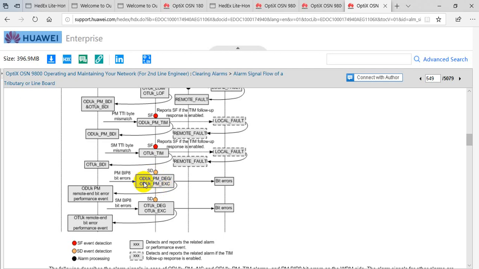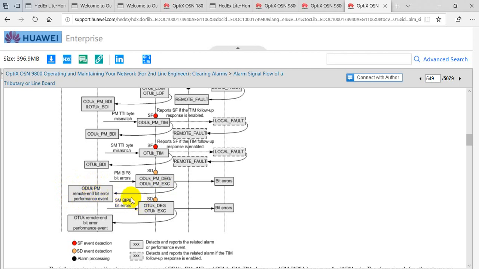And once I get the degrade, then as per the OTN alarm flow, the ODU PM remote bit error performance event is captured by upstream. So the alarm for the degradation is triggered at B, and then in the upstream direction a performance event is sent and captured by A.